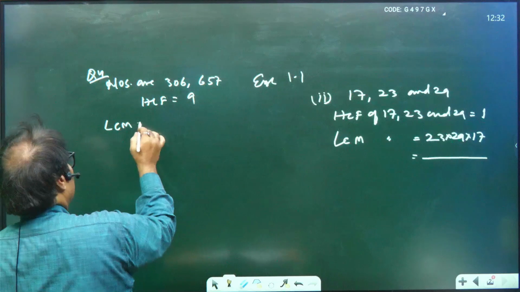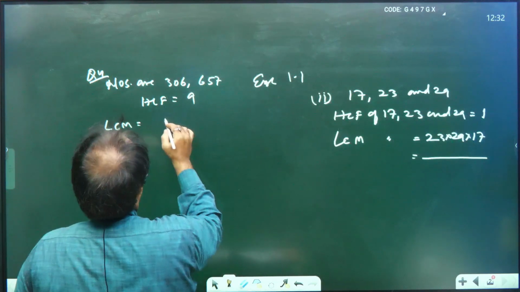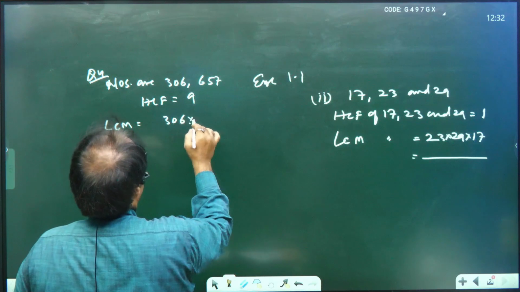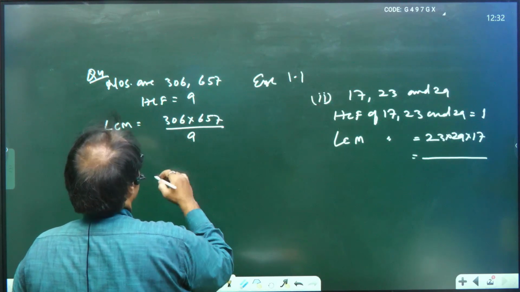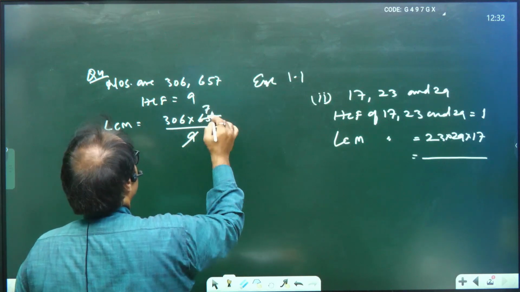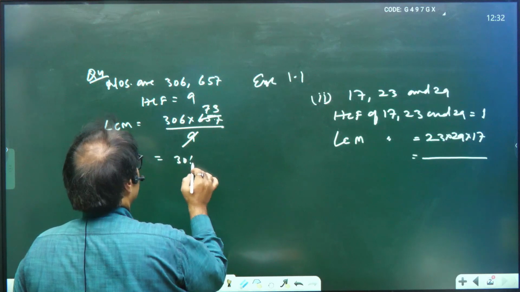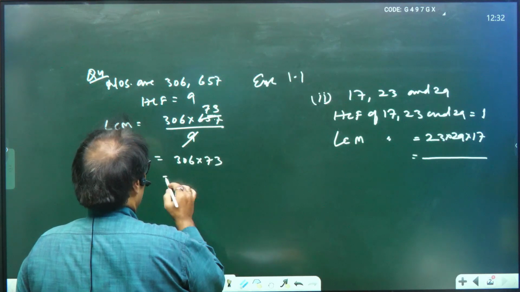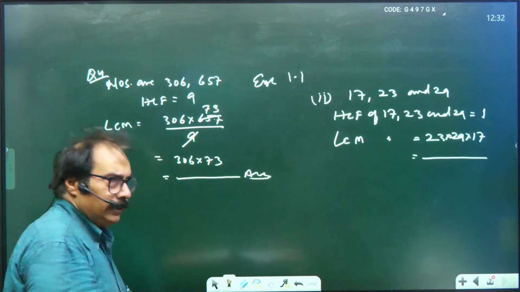As we have already read, the LCM is equal to the product of the two numbers, 306 into 657, divided by the HCF, that is 9. So you may cancel out: 9 sevens are 63, 9 threes are 27, and it becomes 306 into 73. Find the product, and whatever comes is the answer.